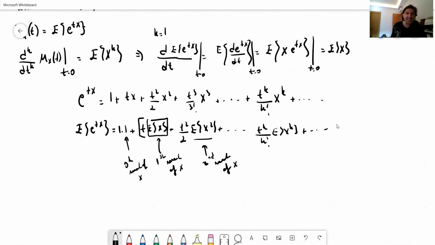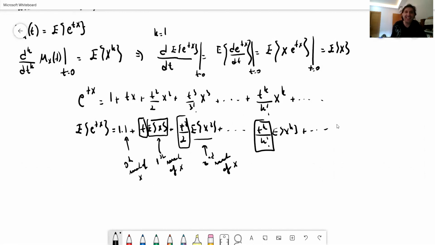So these coefficients here, note that the expected value of exponential tx will be a Taylor series expansion, which is going to be a coefficient, a function of t, multiplied by the moment of x.